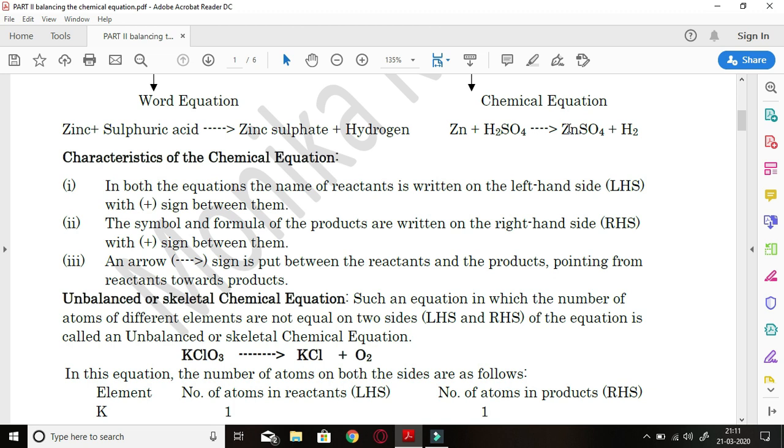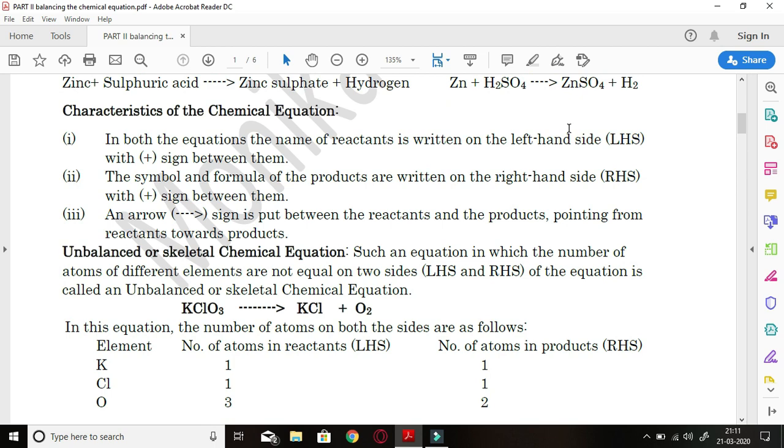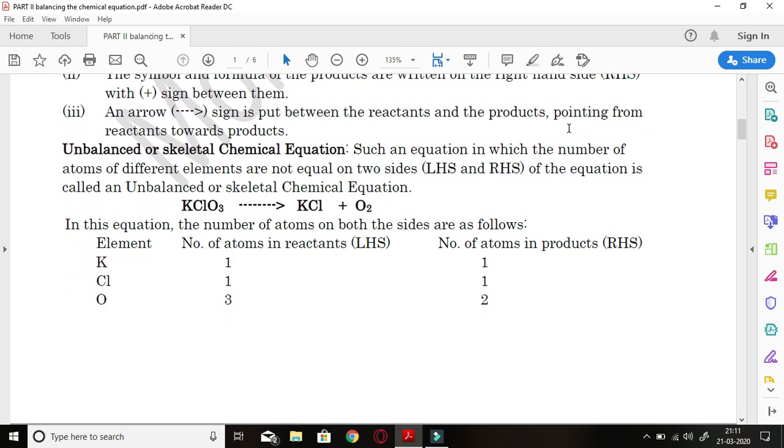Now next one is an unbalanced or skeletal chemical equation. The chemical equations which we are looking at above are generally of two types. One is unbalanced and another is a balanced equation. Let us see first of all the unbalanced or skeletal chemical equation. This is an equation in which the number of atoms of different elements are not equal on the two sides, that is LHS and RHS.